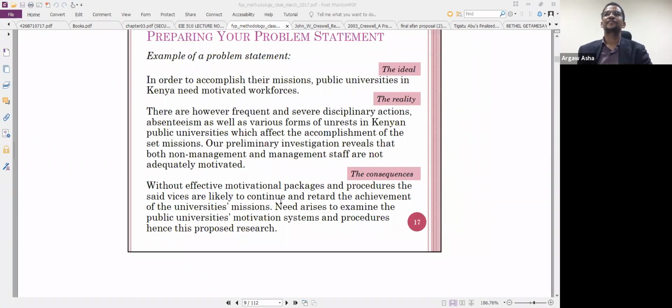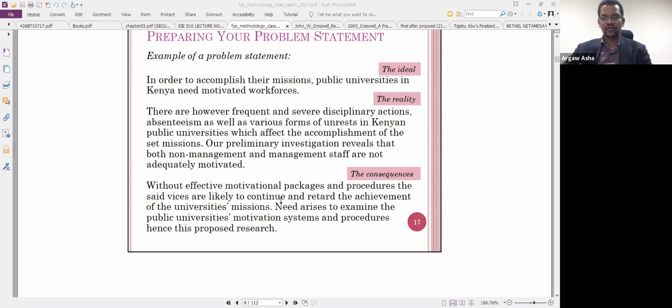As an example of a problem statement, let us say, as an ideal: in order to accomplish their missions, public universities in Kenya need a motivated workforce.